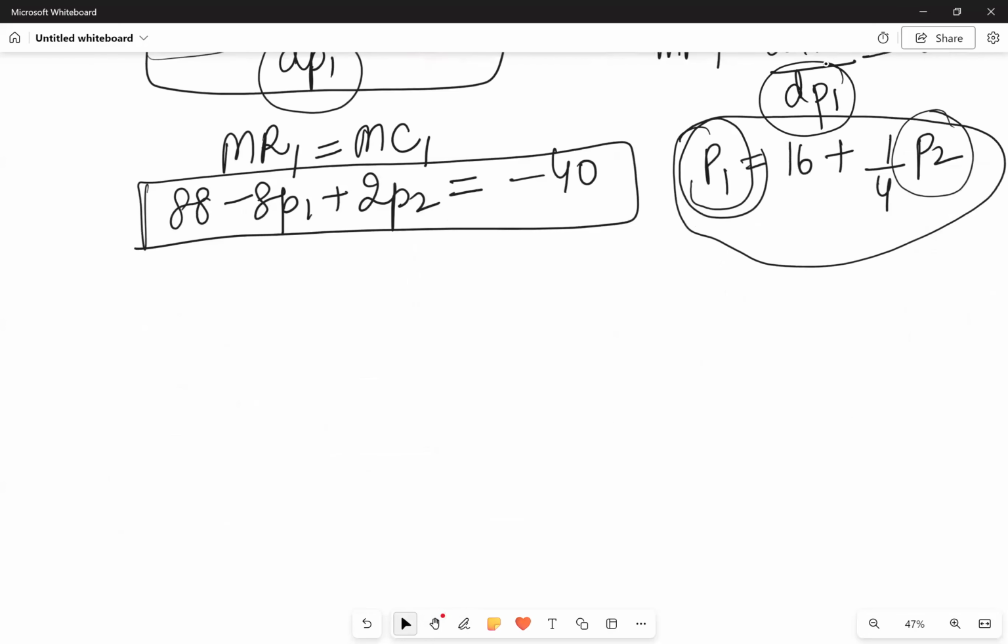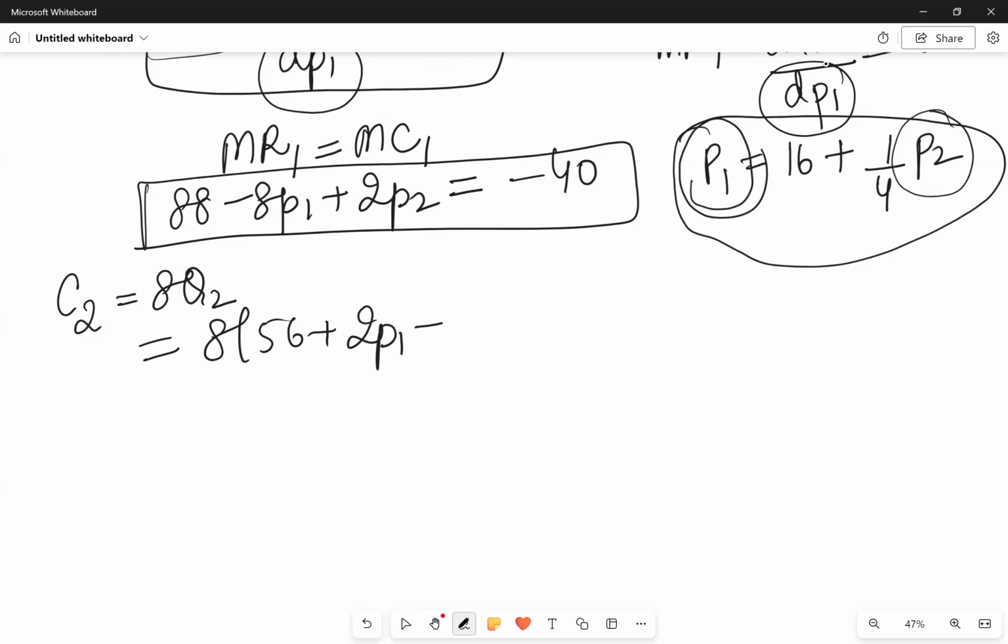Similarly, for firm 2's reaction curve, we have to follow the same strategy. That is, your C2 is equal to 8Q2, so that will be equal to 8 into (56 plus 2P1 minus 4P2).